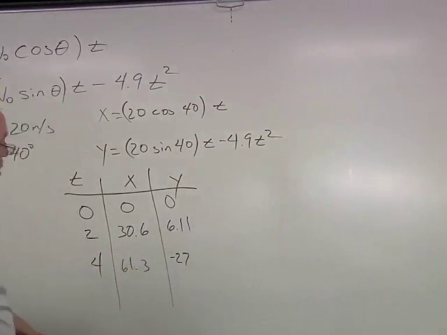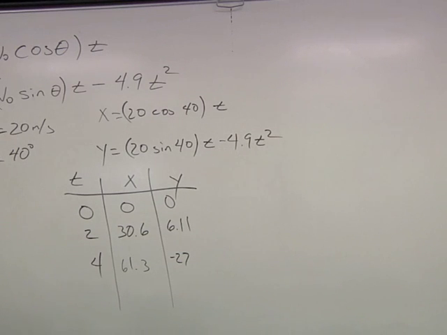Right? So I know my projectile will hit the ground somewhere in between 2 and 4 seconds. And we can figure out that number exactly because after all this is just a quadratic, and so we could solve that by setting my y equation equal to 0.